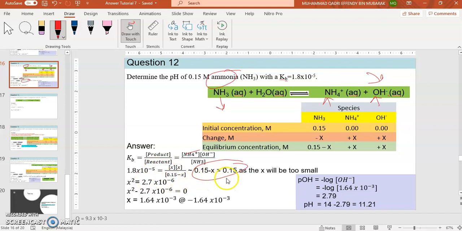To make life easier, we use this approximation, and it will not give very much deviation from our actual answer.